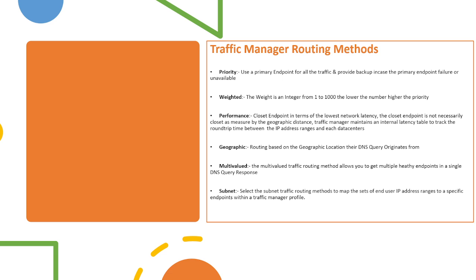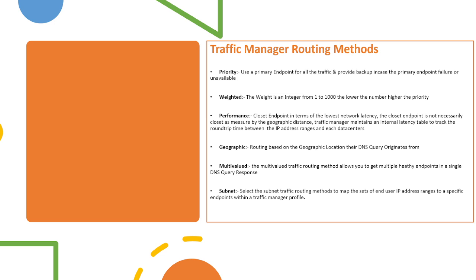Then multivalue. The multivalue traffic routing method allows you to get multiple healthy endpoints in a single DNS query response. Means it may send anything. Say for example, you are in the UK, and in the UK you have multiple application servers. So you let the traffic manager decide. It does not decide based on latency or performance.